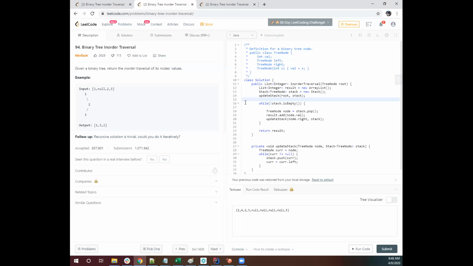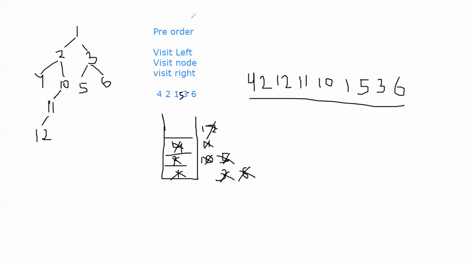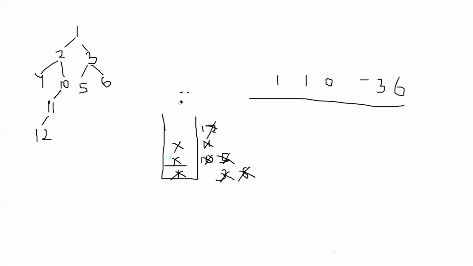Yeah. Okay. So if you have seen the stack solution, why have we used a stack? Because we need a way to come back, right? We took this stack solution because we need a way to come back.